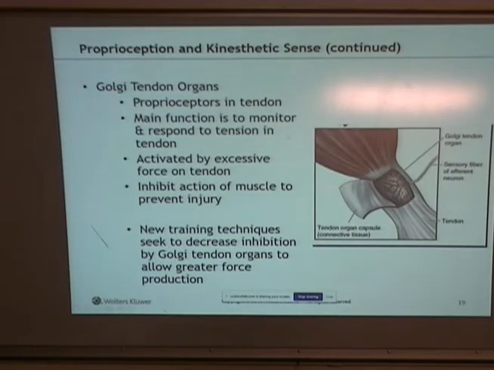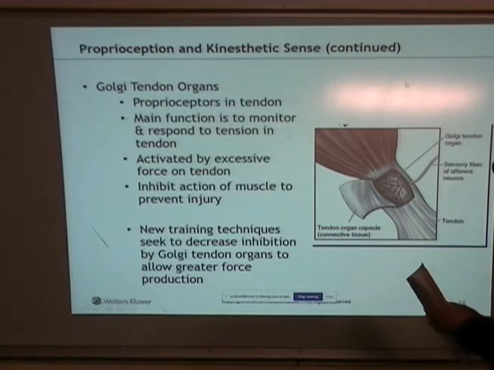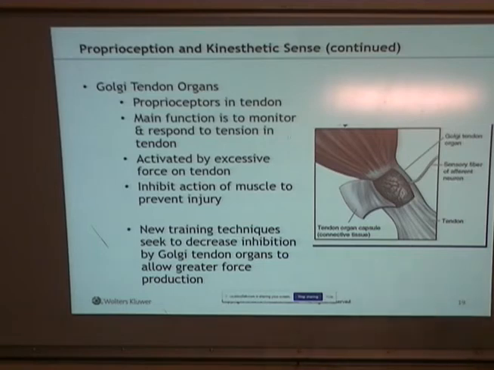The other sensory organ we're interested in is a Golgi tendon organ, GTO, and the GTO is placed at the junction of the muscle and the tendon there. So it can register force production from the muscle to the bone, right?